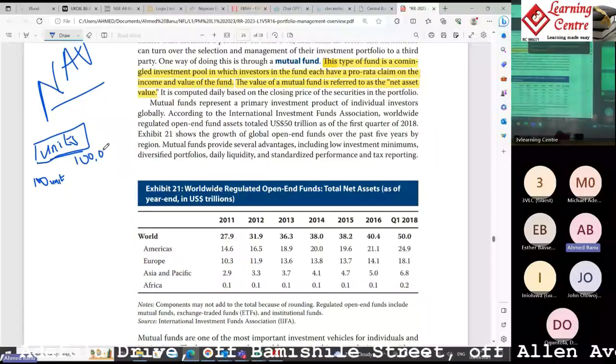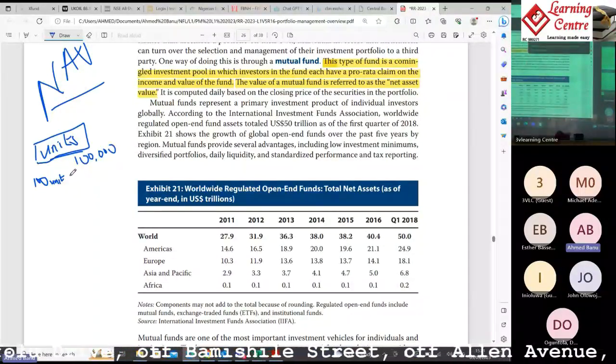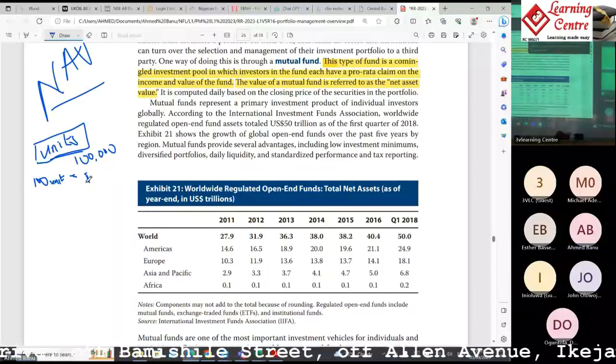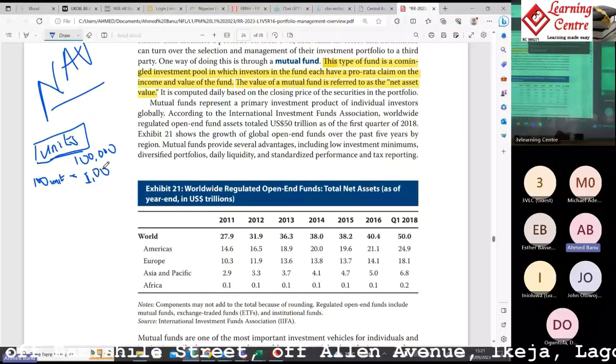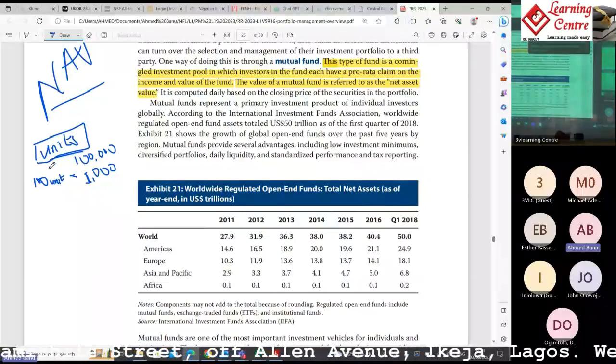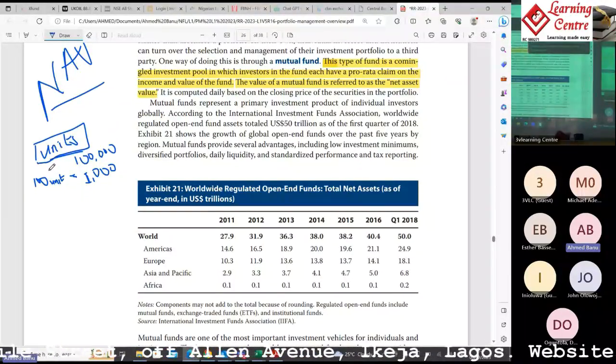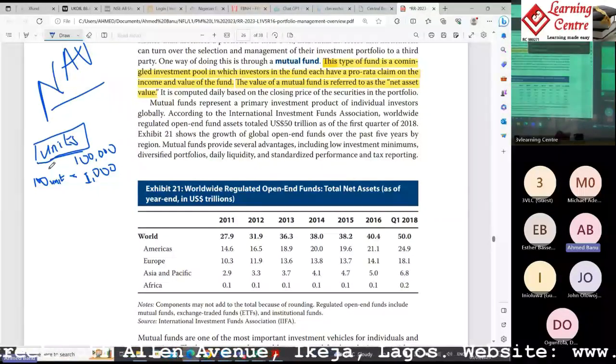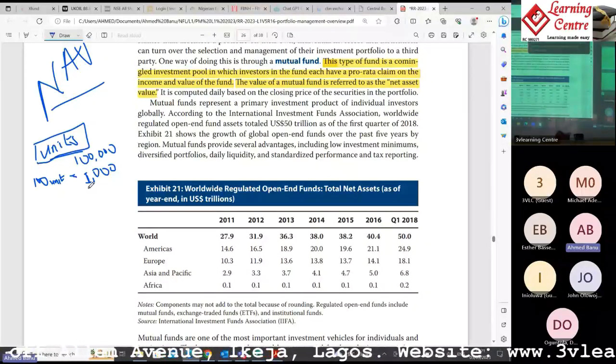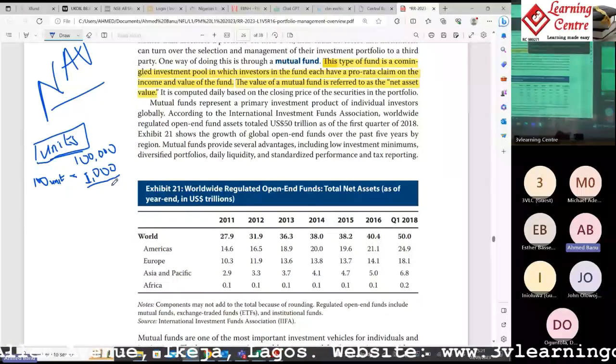That means each unit is what? 1,000. That's the value of each unit. Everybody that comes to buy my mutual fund on the first day would buy it at 1,000 naira.